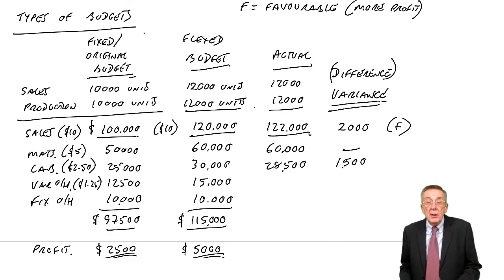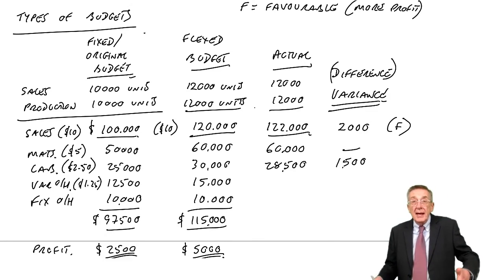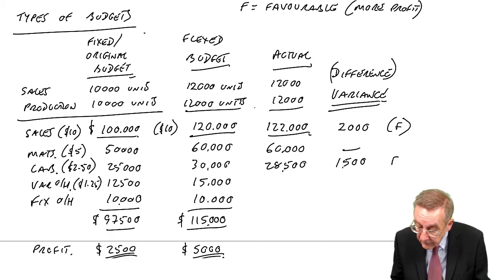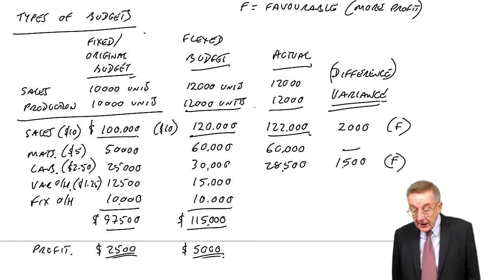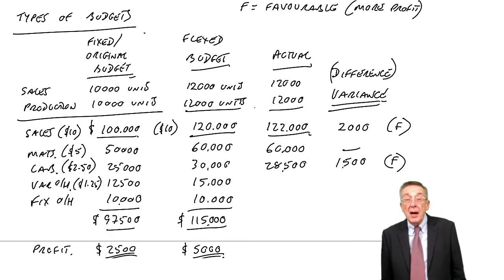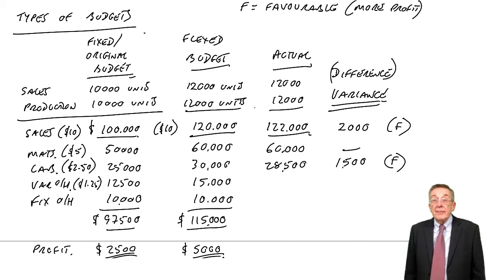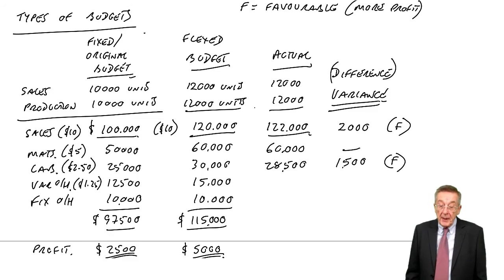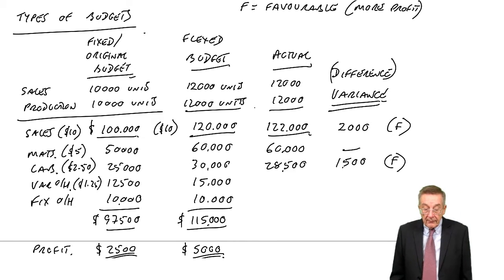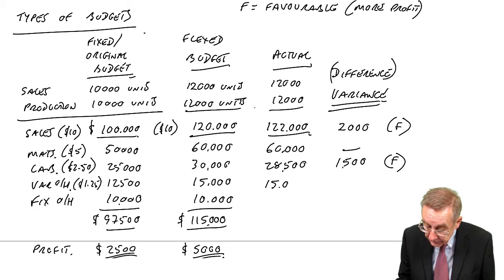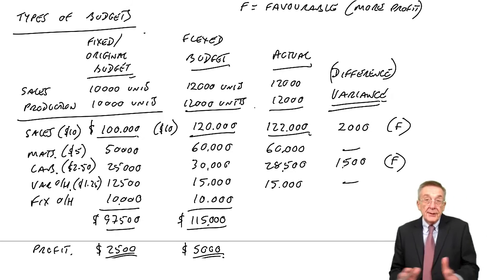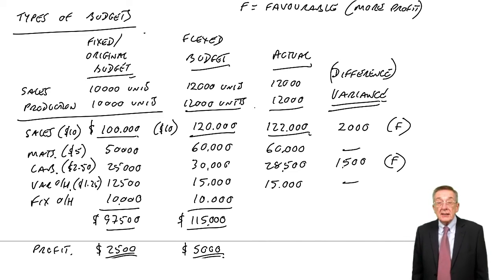And if the cost is lower than you expect, the profit would be higher. Again, it's favourable. Whoever's in charge of labour has actually done a good job, perhaps deserves a bonus. They spent less than we would actually have expected. What about variable overheads? We actually spent 15. No variance. That's exactly what we should have expected.